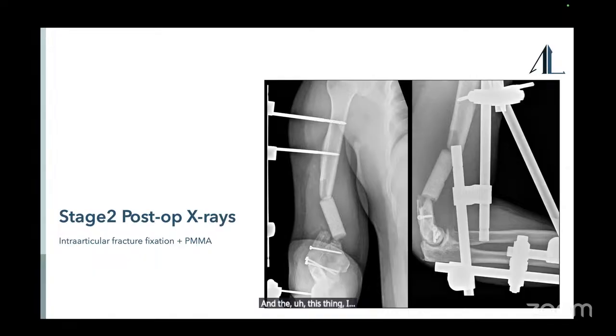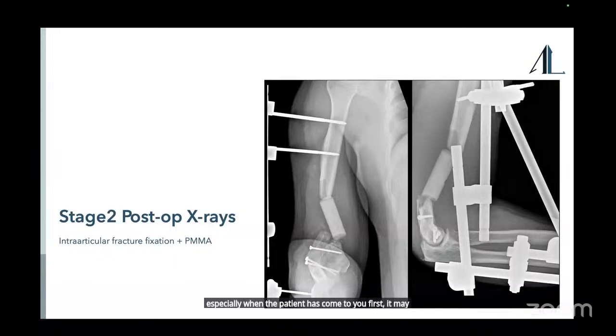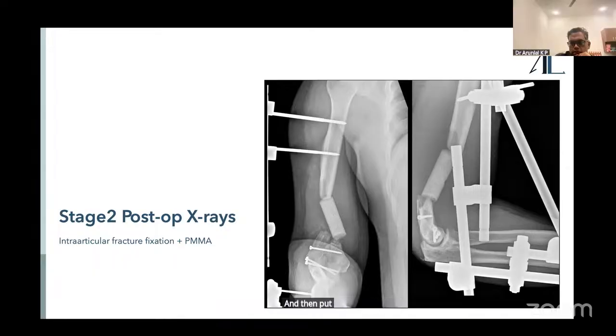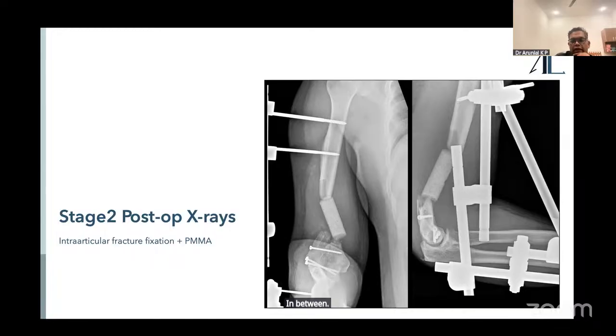In this kind of situation, especially when the patient has come to you first, it may not be a bad idea, if you are confident of your debridement, to fix this and then put in your cement so that it covers the bone ends. The places where I have failed in terms of induced membrane have been where the cement is kind of hanging in the air in between. It should ideally overlap.